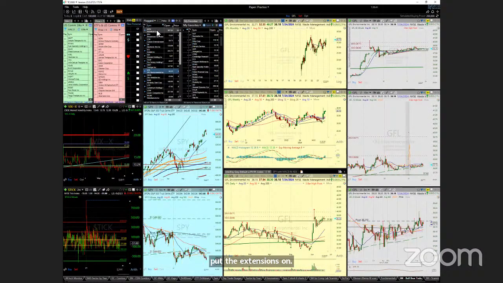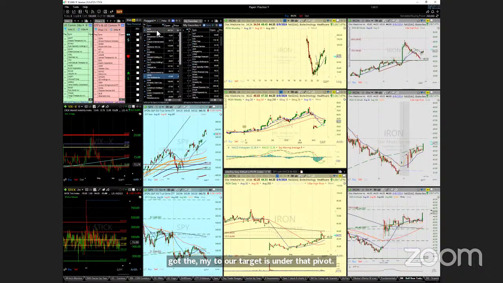But as an example, GFL, I've got my 2R target under that pivot. So that's what I've looked at. Iron is an interesting one. I think this comes right out of some of Dan and Greg's. It's broken out above this green line and now it's pulled back to retest it. So I'm happier now with that position.